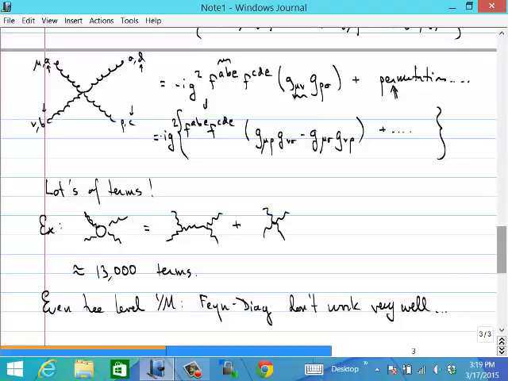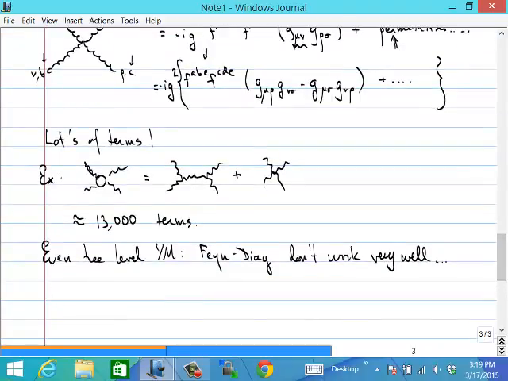And so that means that at higher orders, so beyond tree level, you must include ghosts in order for your answer to be gauge invariant.